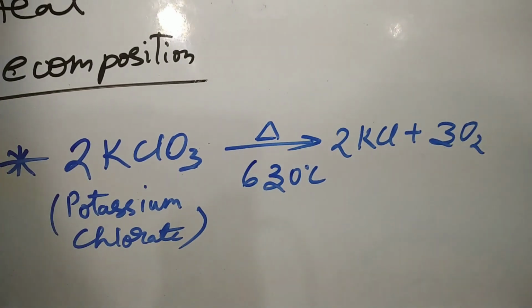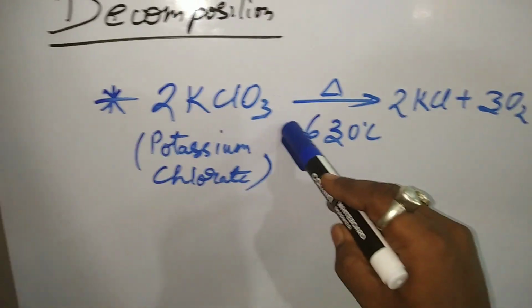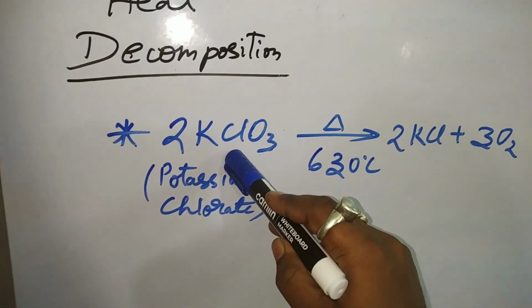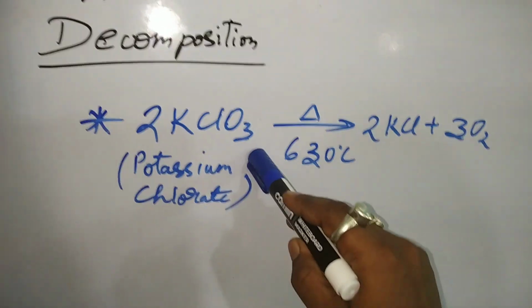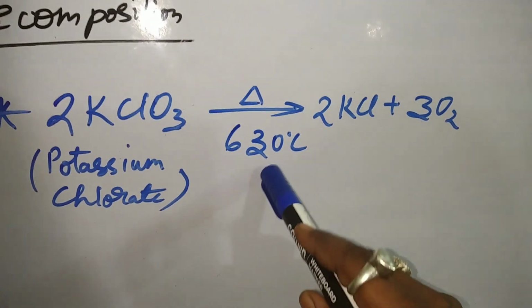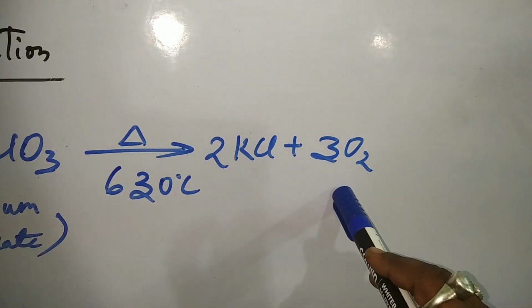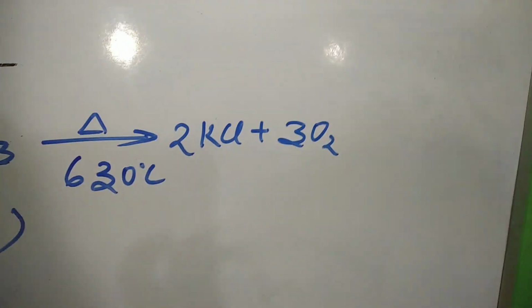See the lab process of preparation of oxygen. Potassium chlorate, formula KClO3. When we give heat, that is 630 °C, it forms 2 KCl and 3 moles of oxygen.